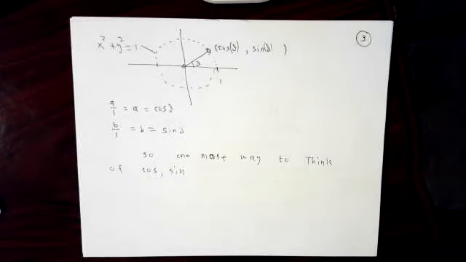The x-coordinate is cosine theta, the y-coordinate is sine of theta. If you remember, a function is a rule or procedure that you feed a number into and a number comes out of. This is a process you could carry out where you tell me the angle, and I'll just look at the x-coordinate of the spot and tell you cosine of theta.